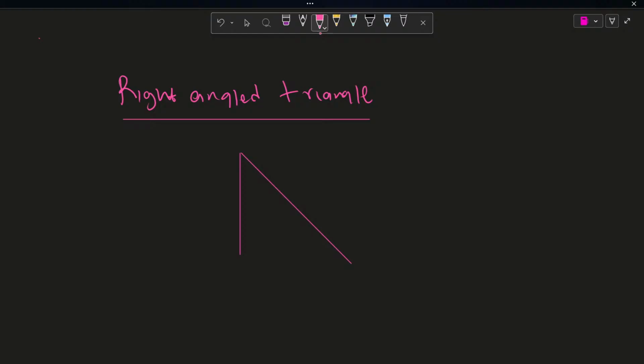This is what we must have to be able to apply the theorem. So this is A, and this is B, and this is C. Then I can call this one a small letter b, this one a small letter c, and this one a small letter a.